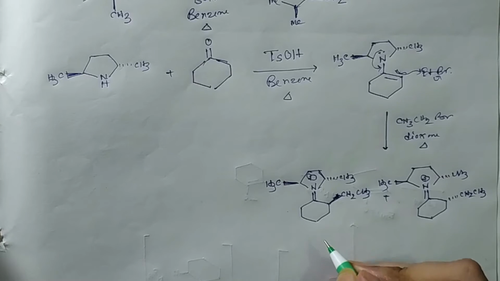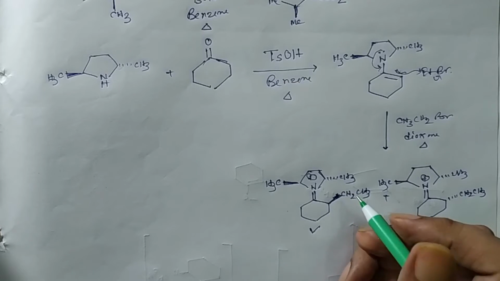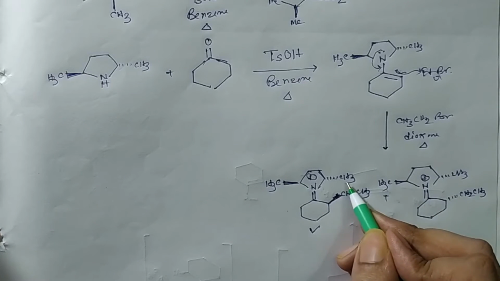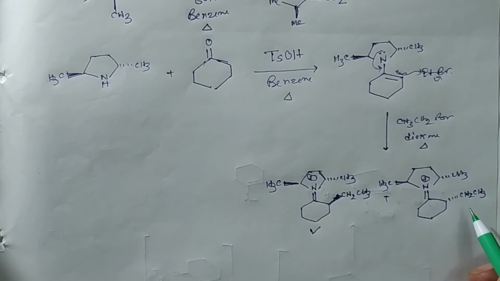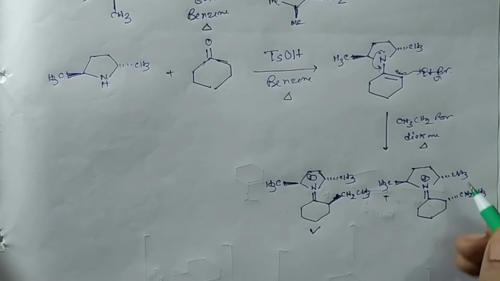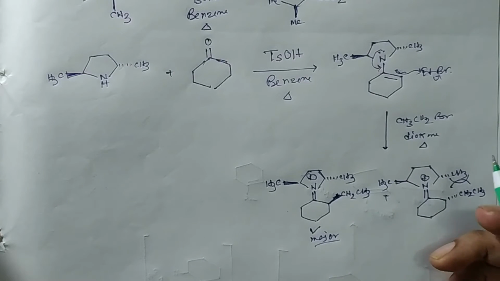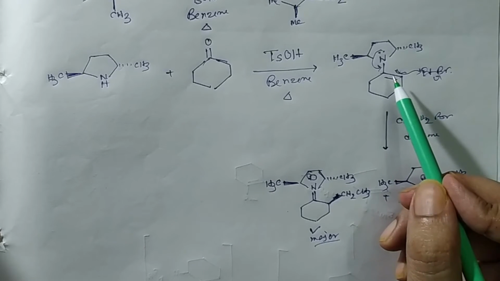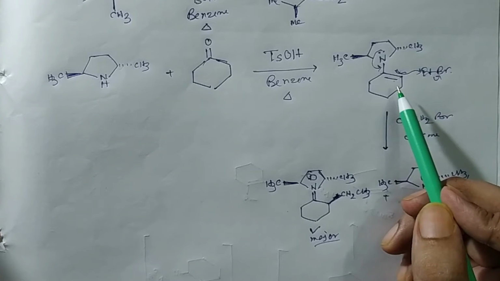Obviously this is the major product, because here the two bulky groups are anti to each other. This is below the plane, this is above the plane, but in the other, both groups are on the same side, so that will experience some amount of steric repulsion among themselves. So this will be the major product. You people always have a question: what happens if the double bond forms on this side, because this is a symmetrical ketone?